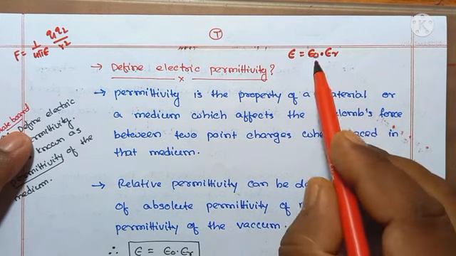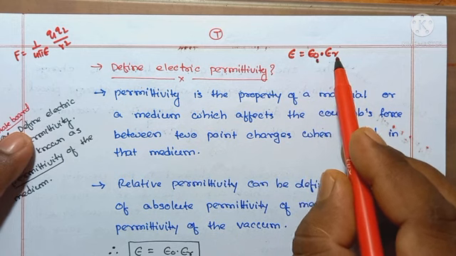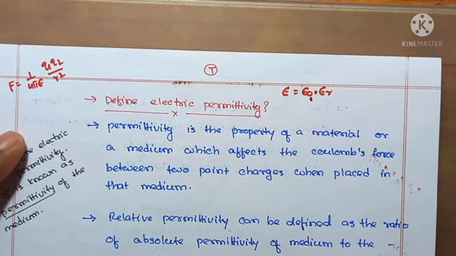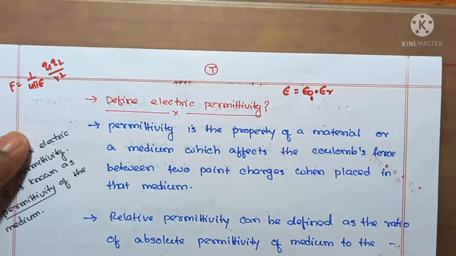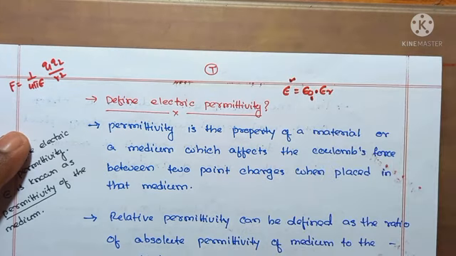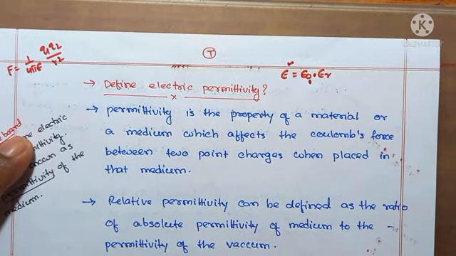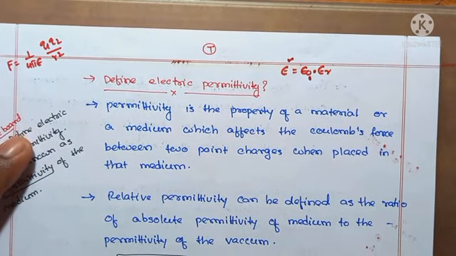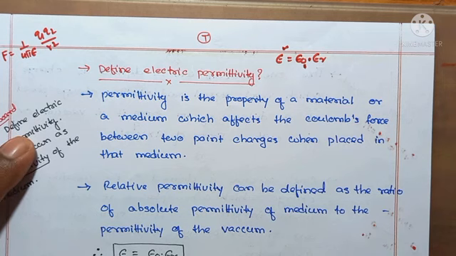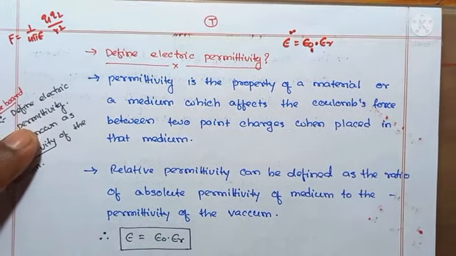Epsilon 0 is the permittivity of free space or vacuum. Epsilon r is the relative permittivity of the medium. And epsilon is the permittivity of the medium. So we will define permittivity of the medium, relative permittivity, and their unit and dimensional formula.